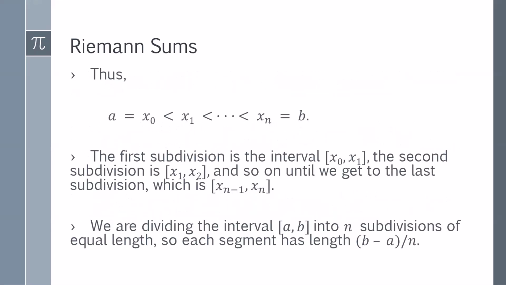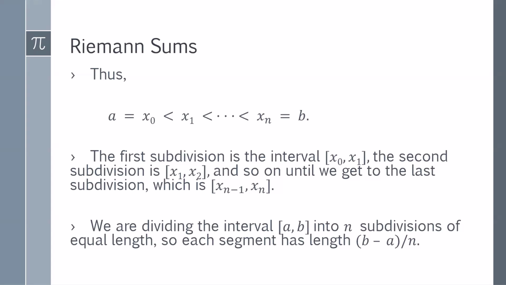So a is equal to x0, is less than x1, is less than x2, etc., is less than xn, which is equal to b. The first subdivision is on the interval x0 to x1. The second subdivision is x1 to x2, and so on until we get to our last subdivision, xn minus 1 to xn.